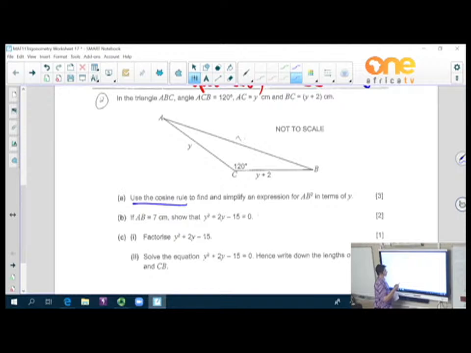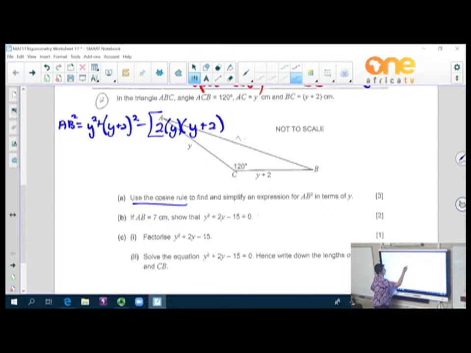So I must use the cosine rule, which says then that AB squared is equal to y squared plus (y plus 2) squared minus, in brackets, 2 times y times (y plus 2), and then the angle here is cosine 120 degrees.